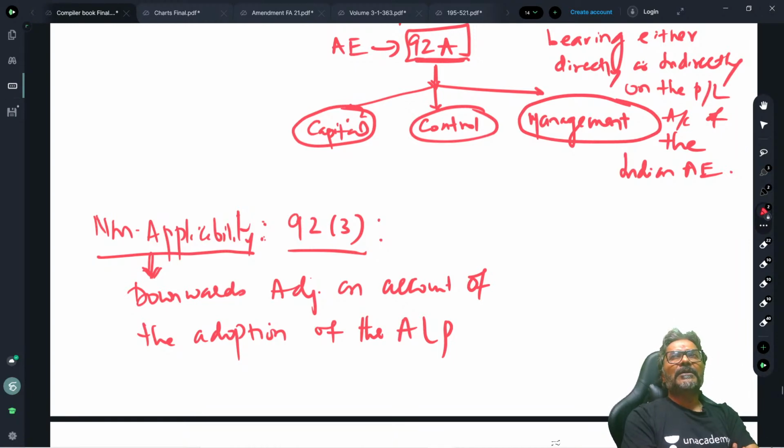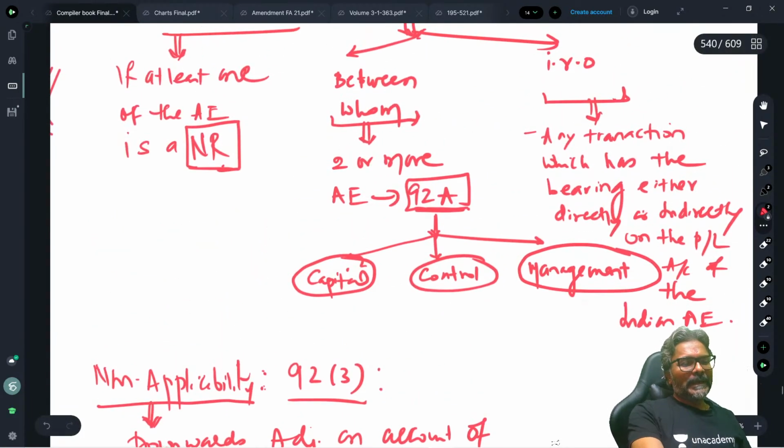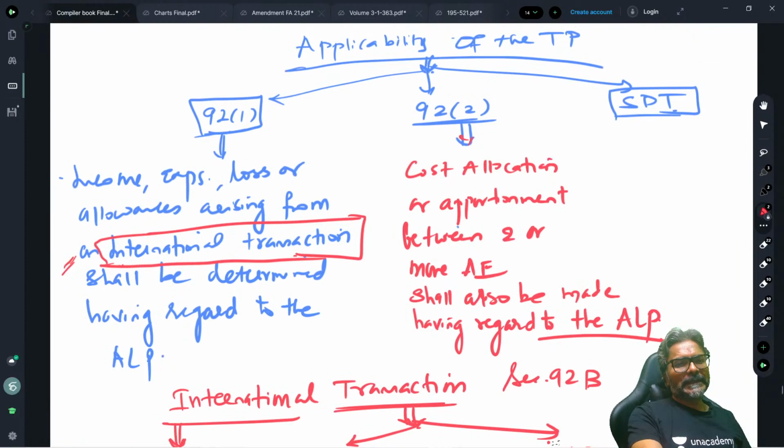Will you go ahead and adopt the ALP of the transaction? The answer is no. You will not do that, because the transfer pricing provision will be applicable only when there is a tax avoidance concept. So if no tax avoidance has taken place, the transfer pricing provision also will not apply. I hope that all of you are clear with this one, friends.